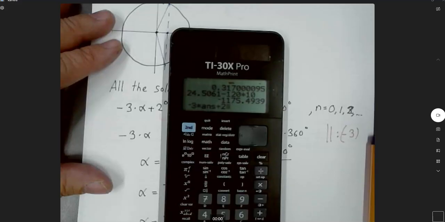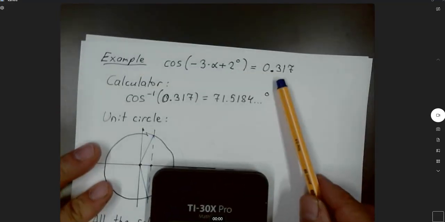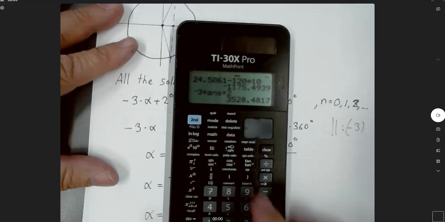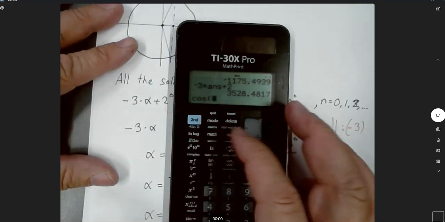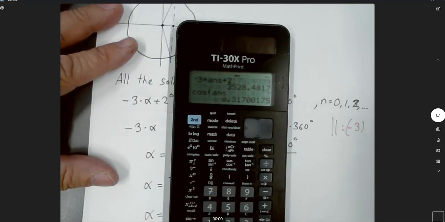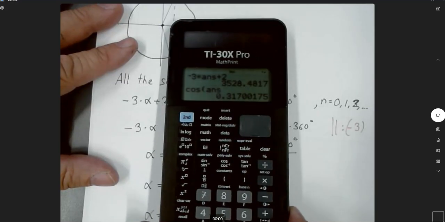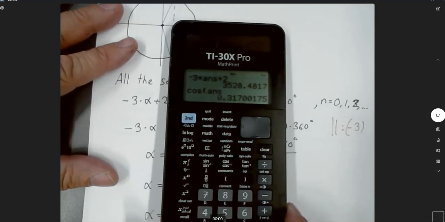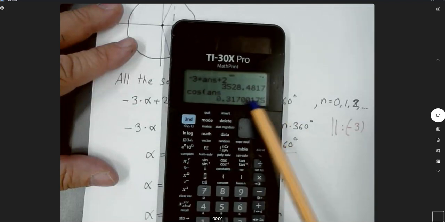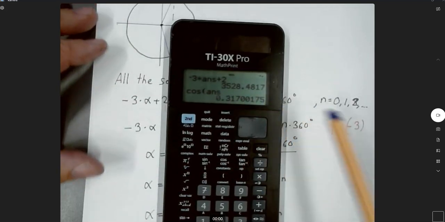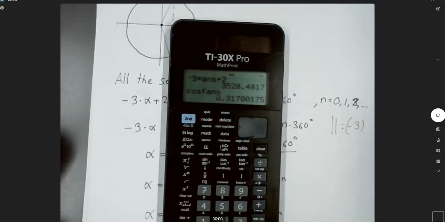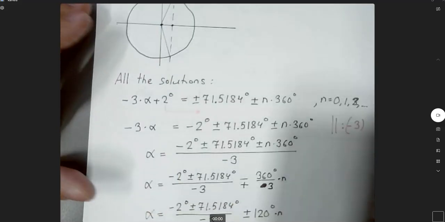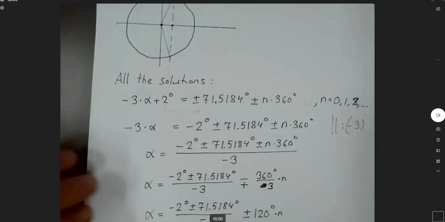So this will give me this kind of angle, and if I take the cosine of this, I should get this value there. Cosine of the answer, and as you see, it is 0.317, and again there are some decimals there, but it's because I have rounded those numbers. So I guess we have solved this equation now.